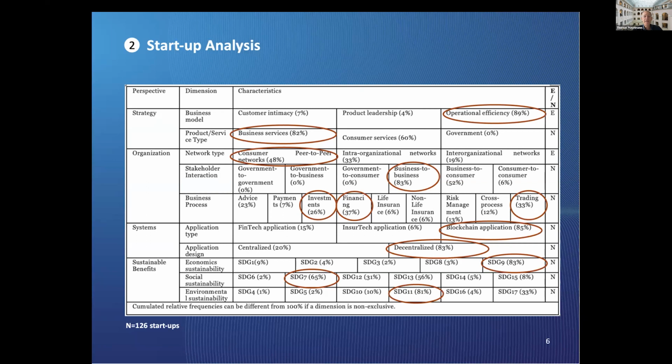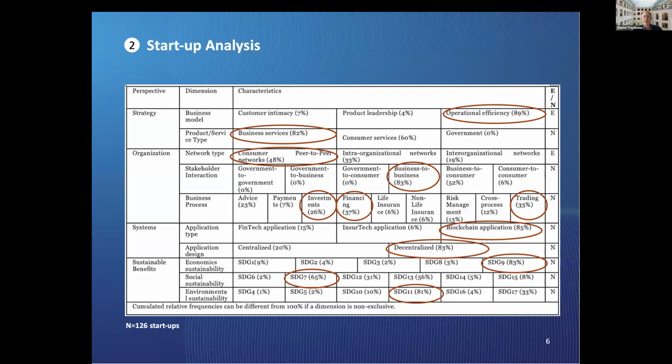We could also see that there is a clear trend here on economic sustainability. SDG 9 here is in the focus, and followed by environmental sustainability. This is also not very surprising, as climate change is one of the core topics. Very often the startups are also coined as climate fintechs.